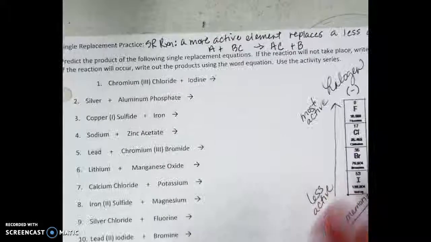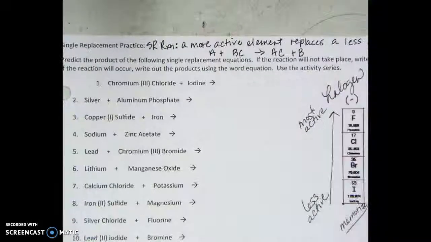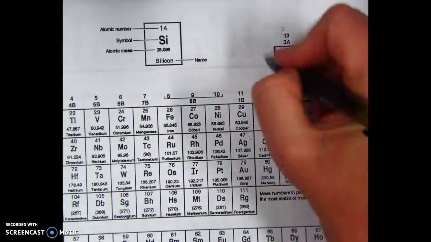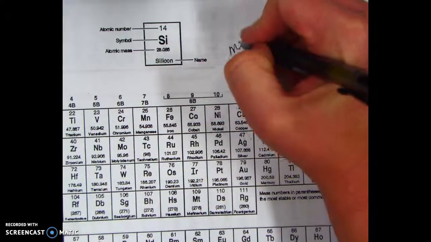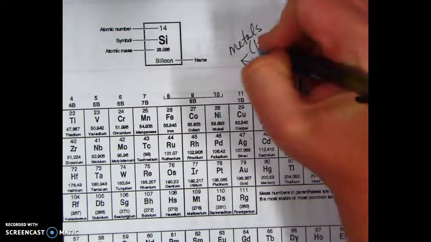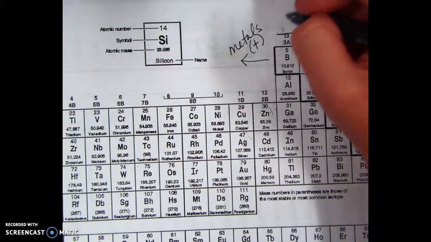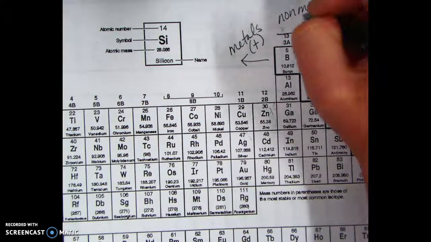So let's look. First of all, let's remind ourselves, using this stair step, anything to the left of the stair step are metals, and these are our cations. Anything to the right of the zigzag line, or the stair step, are our nonmetals, our anions.